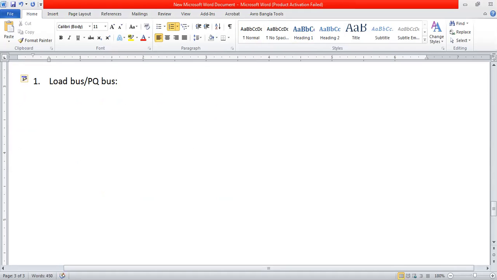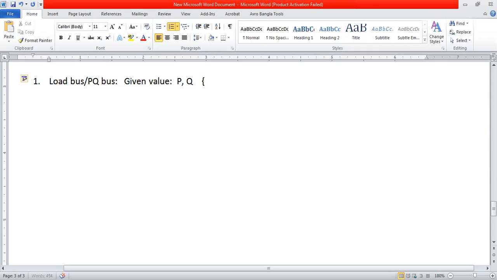If this is a load bus or PQ bus, then the given values should be the real power P and the reactive power Q. These values are given because this is a load bus.